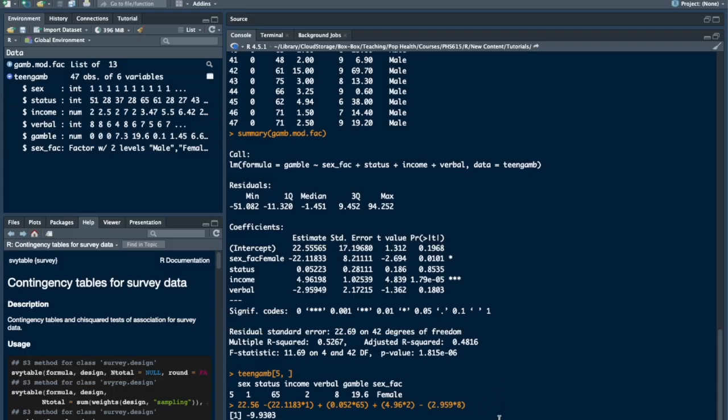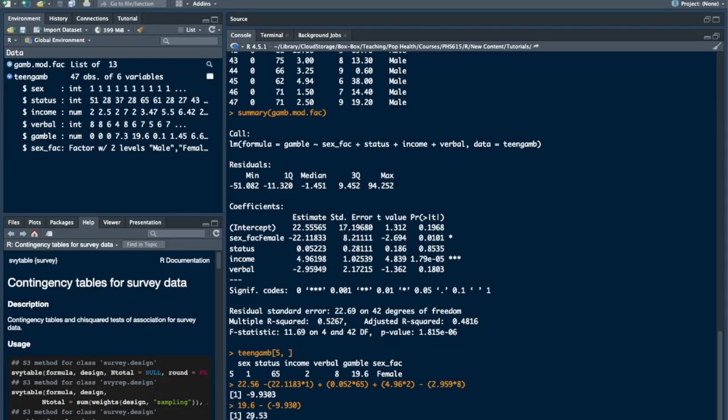And so the residual for this person is, right, their actual y value, which is 91.6, minus a negative 9.930. So this person's residual is 29.53, right? The residual is positive because the prediction is lower than the actual, right? Our residual is negative if our prediction is too high, right?